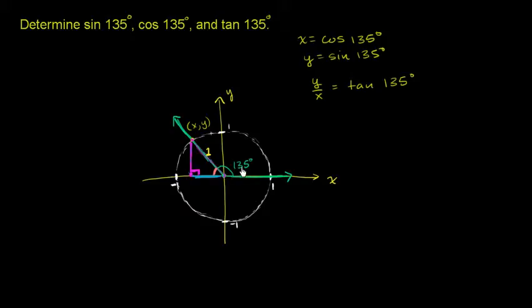So 180 minus 135 gives us 45 degrees. This is often referred to as the reference angle. It's that positive angle between the terminal side of an angle, whether that 135 degree angle, and the x-axis. So that's a 45 degree angle right over there.